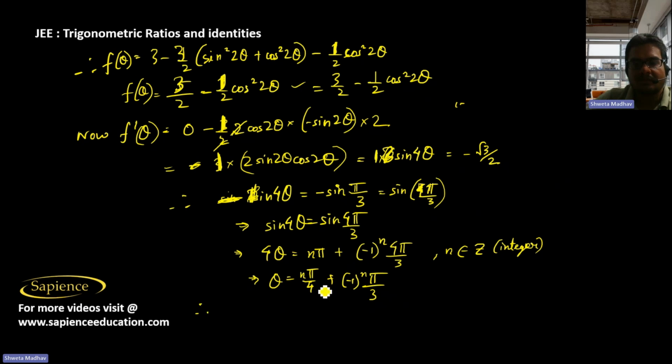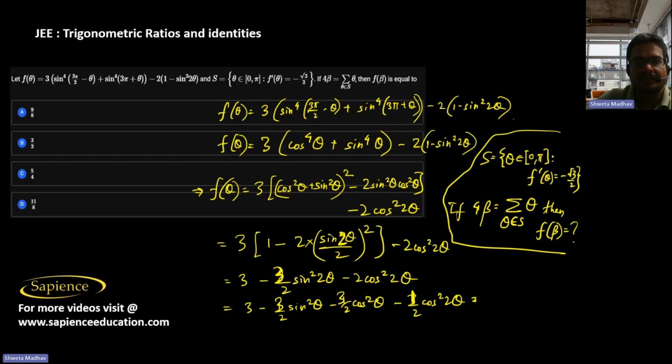Now for n equal to 0, theta will be equal to pi by 3. Here it is told that theta should belong to 0 to pi, so that it is in the set S. So the set S contains all those angles theta.